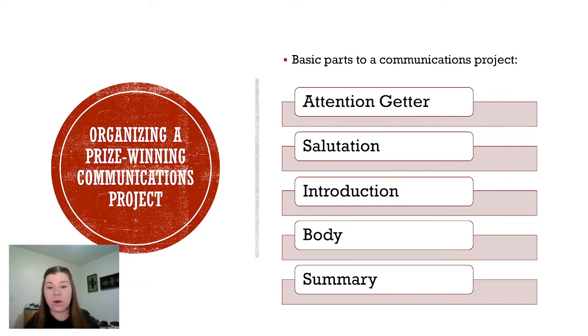So it's very important that at the beginning of your project, at the beginning of your delivery, you lock in your audience's attention. You must include a salutation in your communications project.